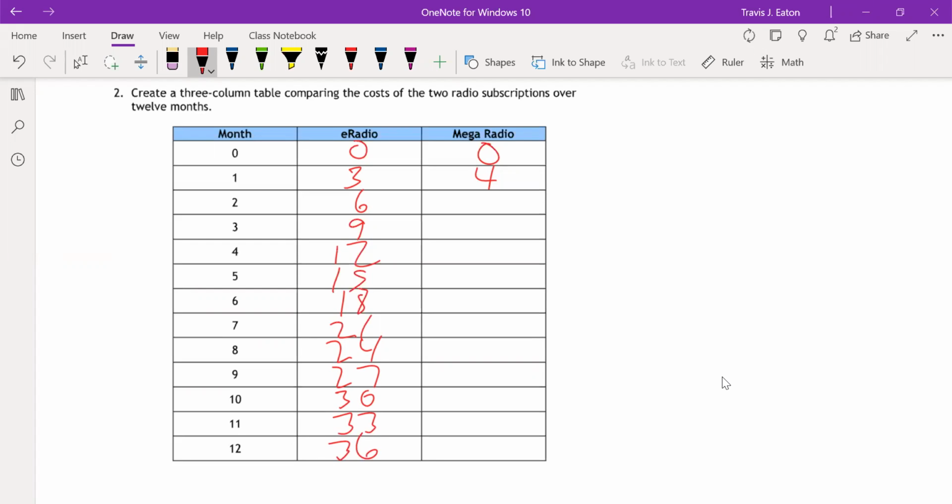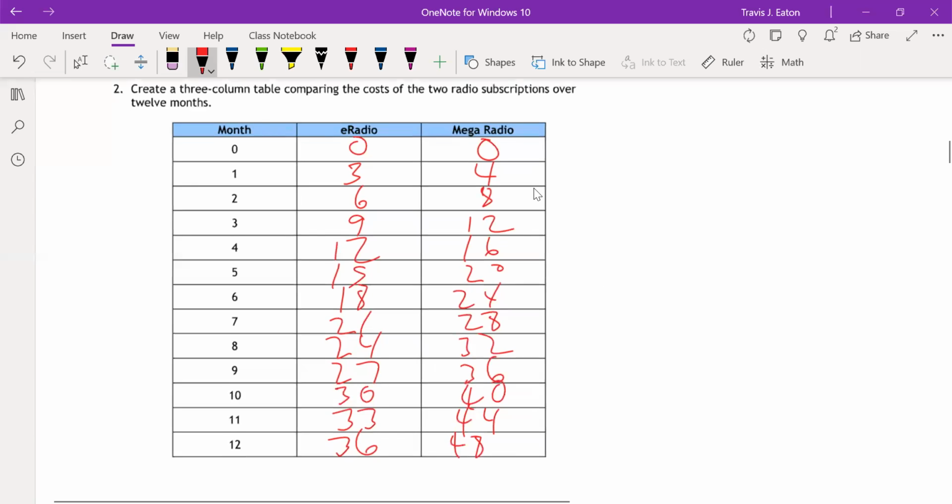And mega radio, the constant rate of change is 4, so it goes up $4 every month. So 24, 28 for 7 months, 32 for 8, 36 for 9, 40 for 10, 44 for 11, and 48 for 12. Got it.